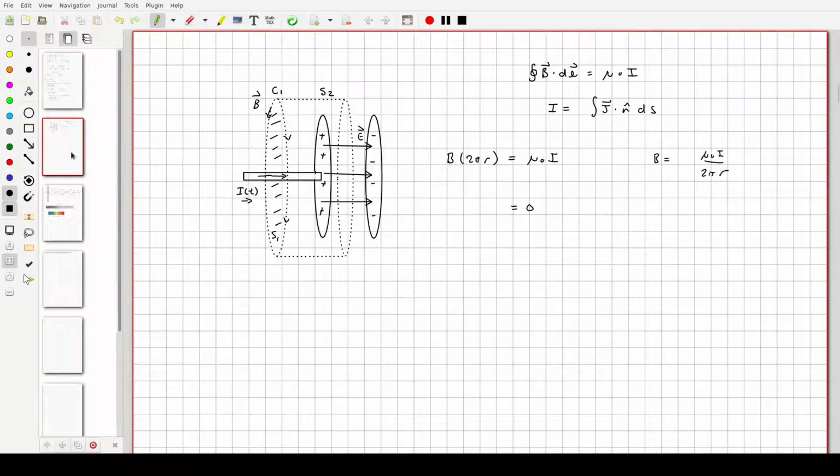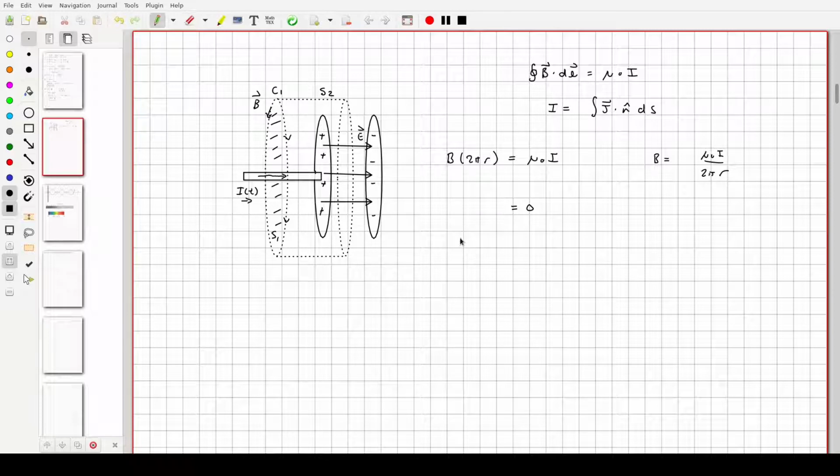Now, his solution was to put in something called a displacement current. It's a fake current. We're just going to pretend that it's there. And what that does is allow this equation to balance out and give us the same result if we use the surface right here as opposed to this. But in this surface, what's changing? Well, look at this electric field over here.